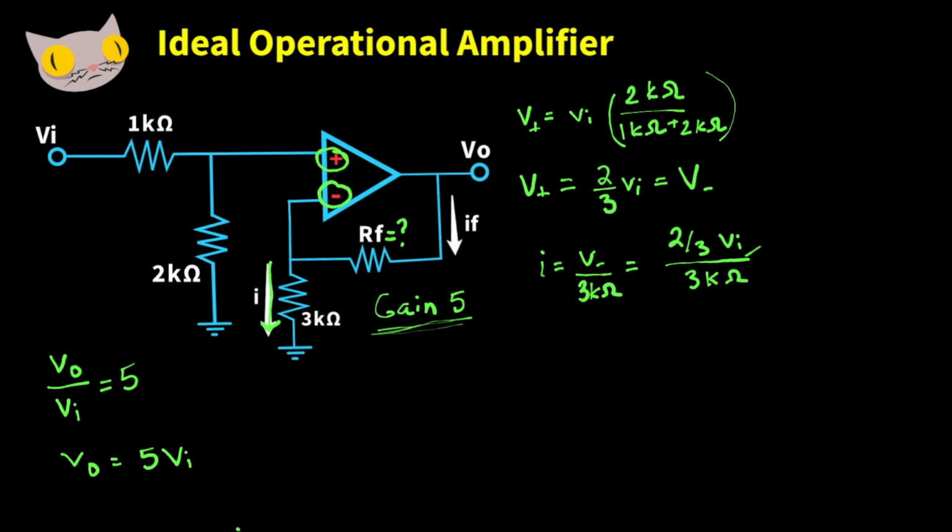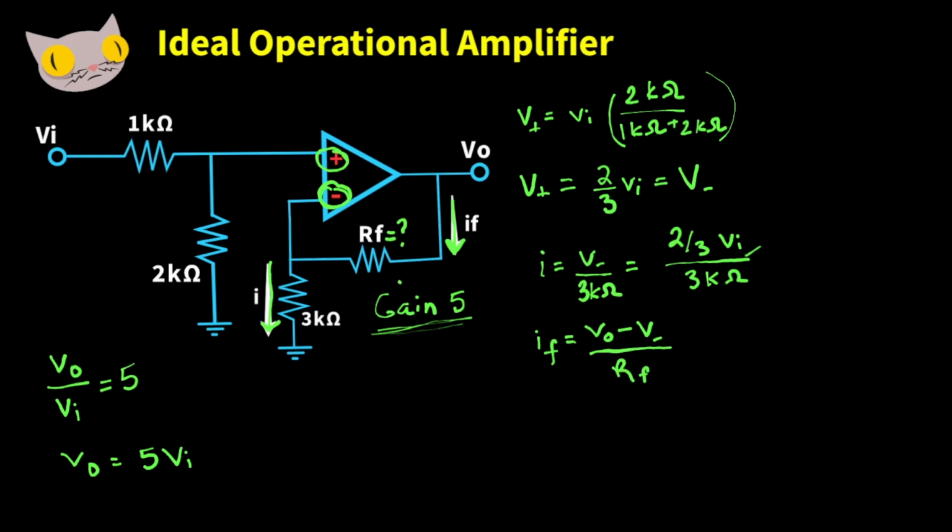So that'll be useful information that's going to help us out. Let's find this current, IF. IF is going to be VO minus the voltage at the negative terminal here divided by RF.